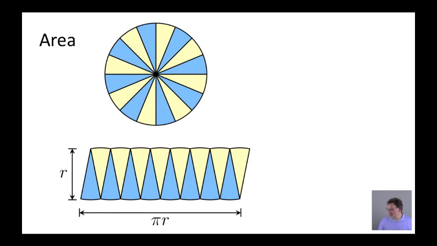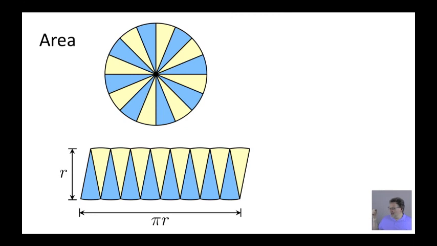As you can see, it's got a base on the bottom, and that base has the length of pi times a radius, in that it's the distance across all of those blue sections of the pie, as you can see along the top there.